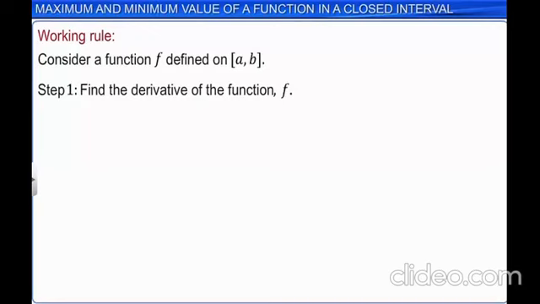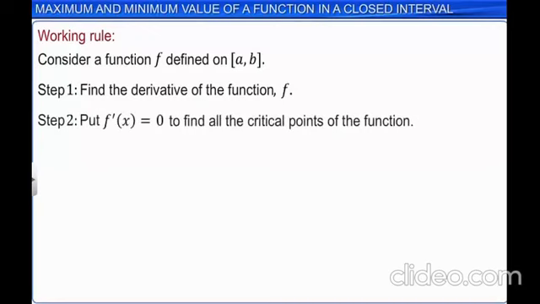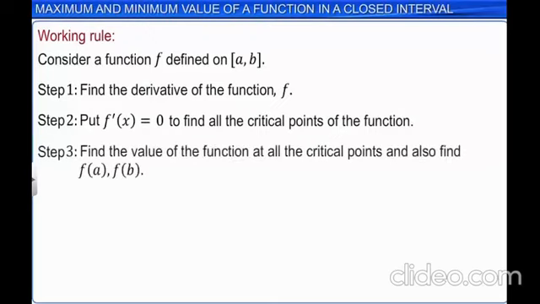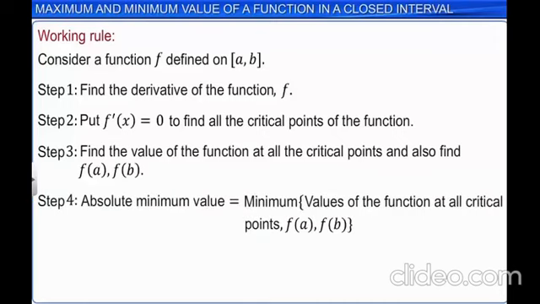After that, find the value of the function at all the critical points and also the value of the function at the end points. Now, the absolute minimum value of the function is the minimum of all the values of the function at all critical points as well as at the end points. Similarly, the absolute maximum value of the function is the maximum of all the values of the function at all critical points as well as at the end points.